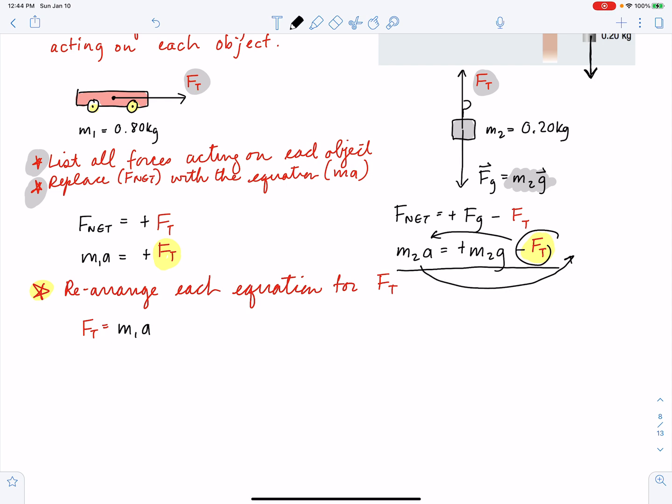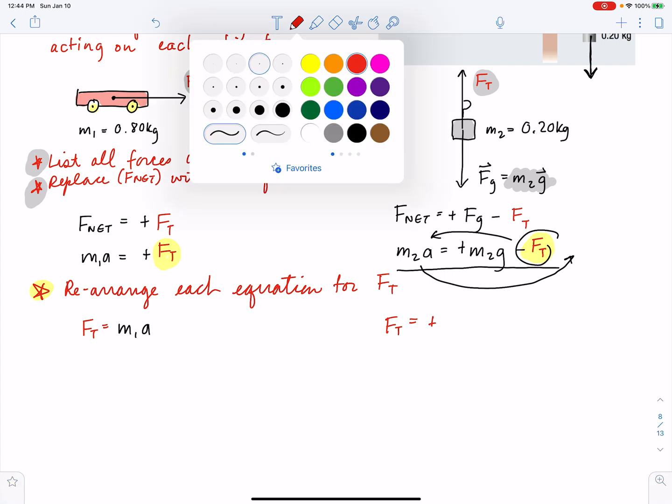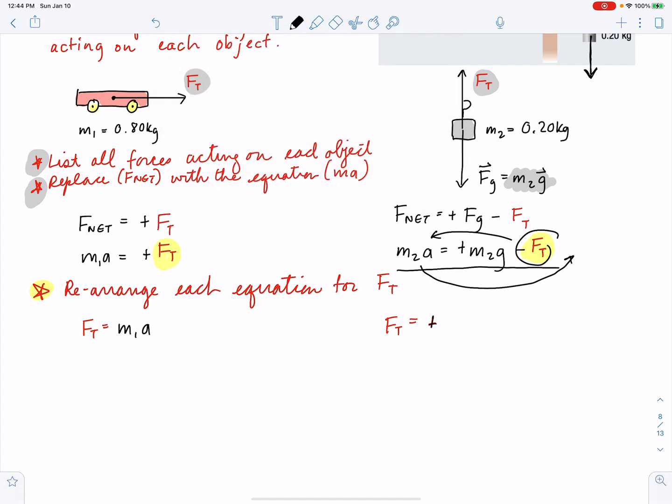When you do, they will change their signs. So we end up with force of tension equals plus M2G minus M2A. Okay?